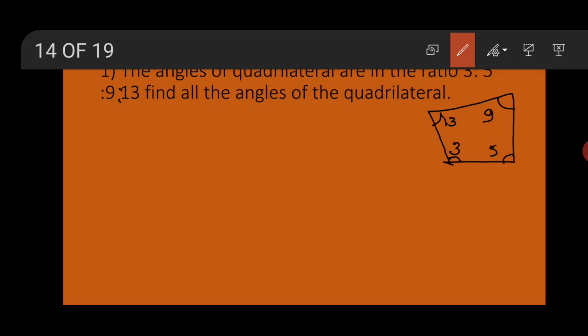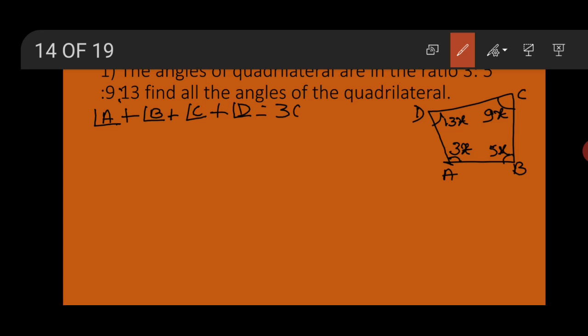So we have to take the angles in this form: 3x, 5x, 9x and 13x. So we know in any quadrilateral the sum of the four angles is equal to 360 degrees.